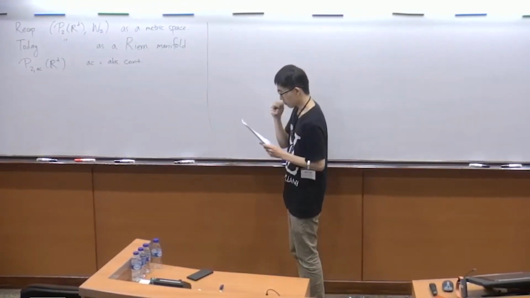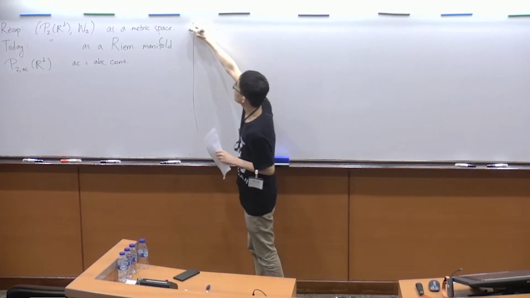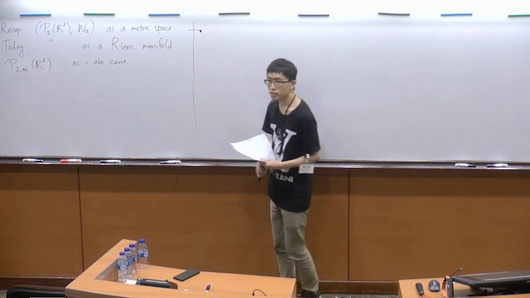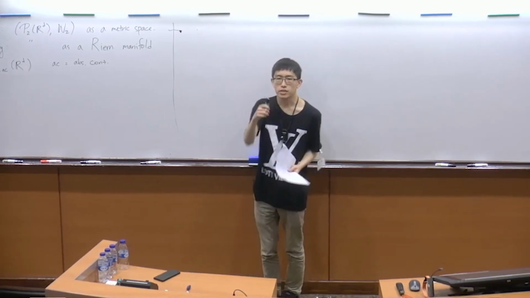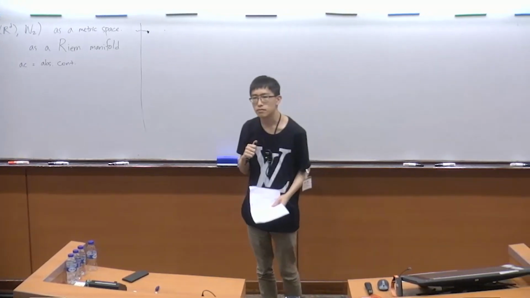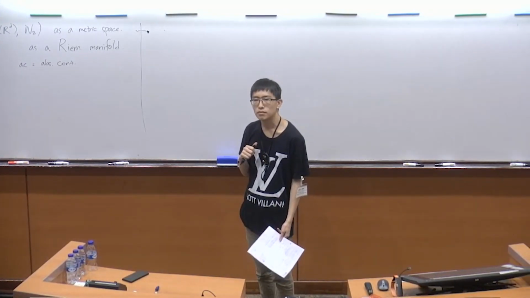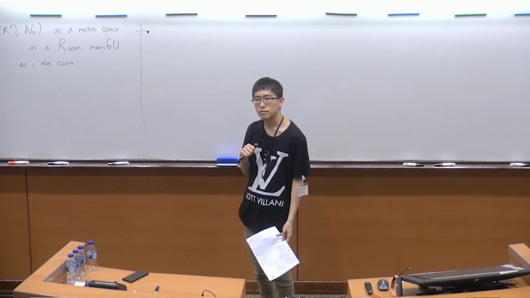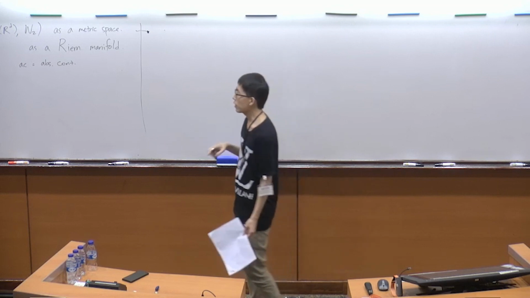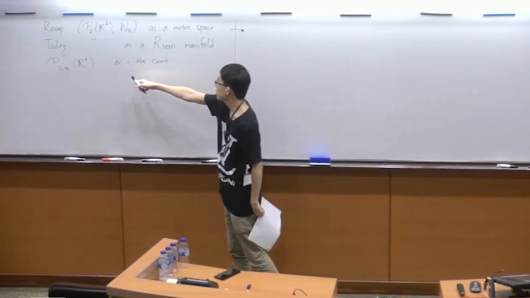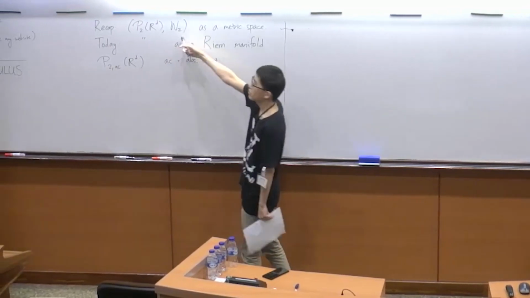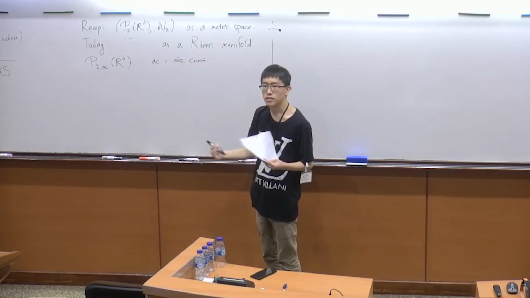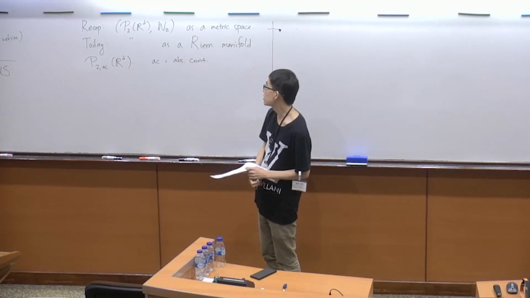You're right. When you restrict to absolutely continuous measures, this will not be closed under the topology of W2, but that's fine because Riemannian manifolds don't have to be closed.